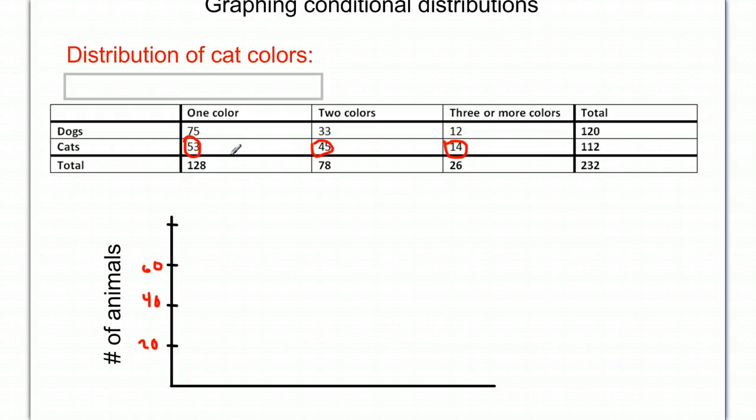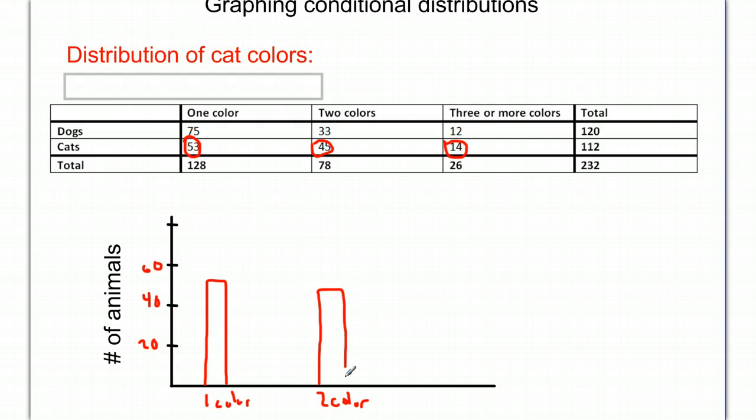And we are going to graph a bar for each of these. So we have one color, and we'll make a bar of height 53. Two color, and you make a bar of 45.